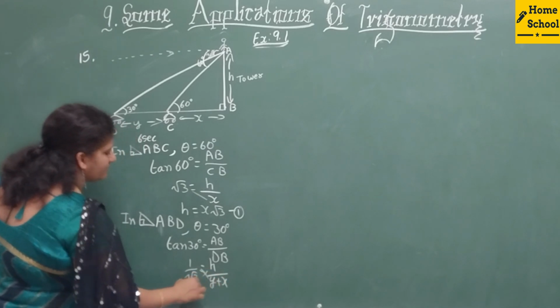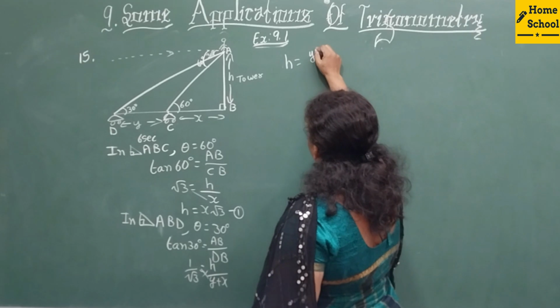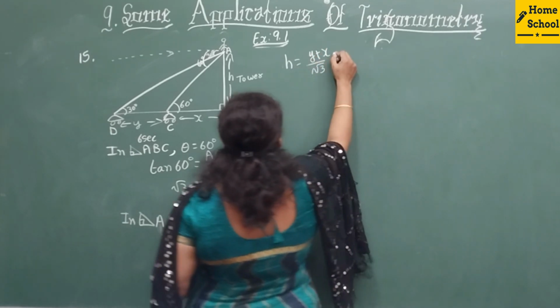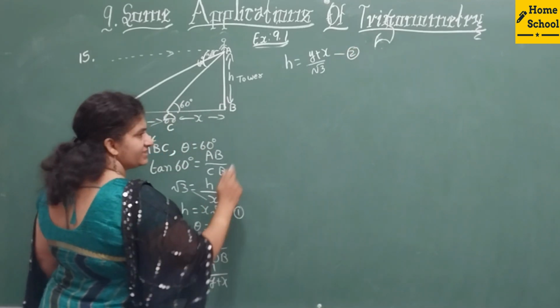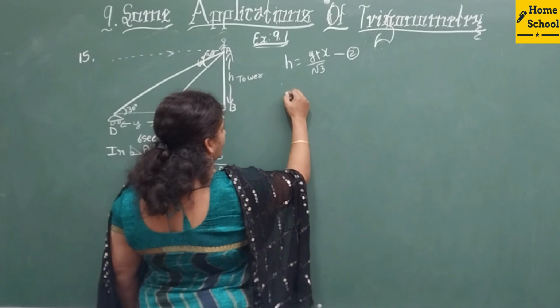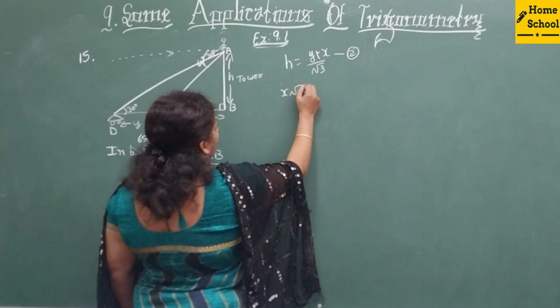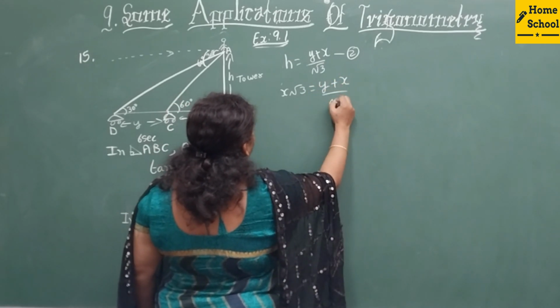Now again cross multiply. H is equal to y plus x by root 3. Mark this 2. From 1 and 2, h equal, so equate others, that is x root 3 is equal to y plus x by root 3.